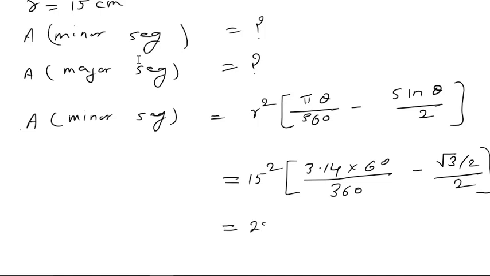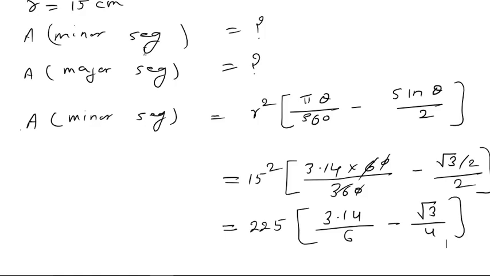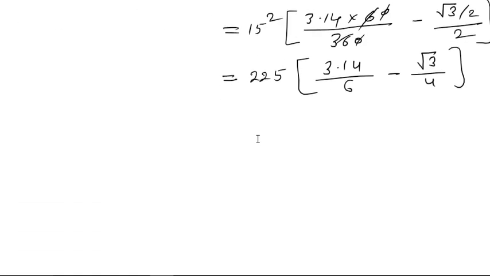So this is 225. This 0 cancels, 6 6 are. So it is 3.14 divided by 6 minus root 3 divided by 4. Now the LCM of 6 and 4 is 12.